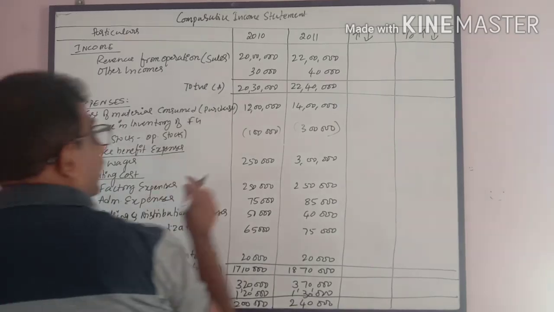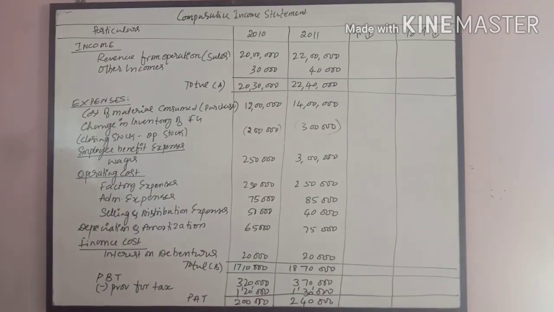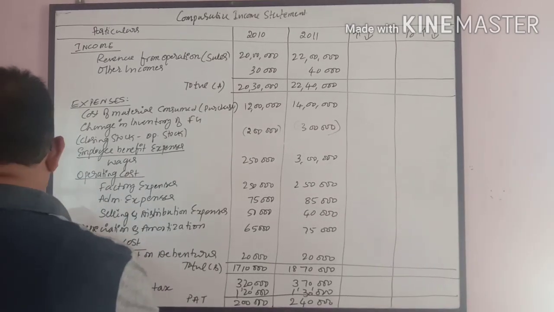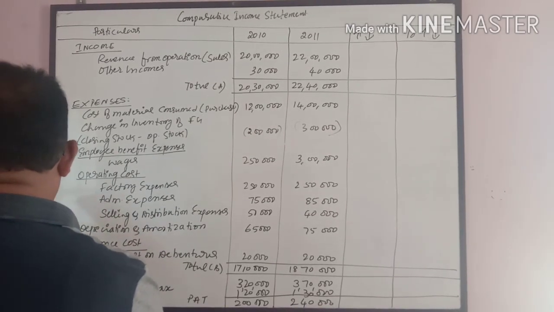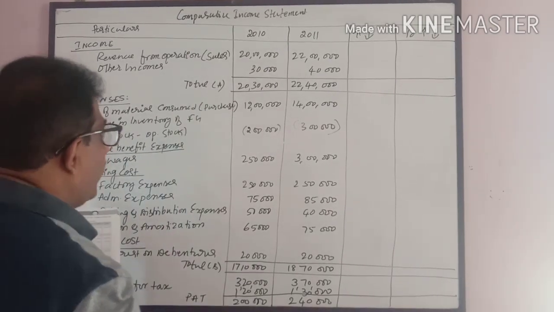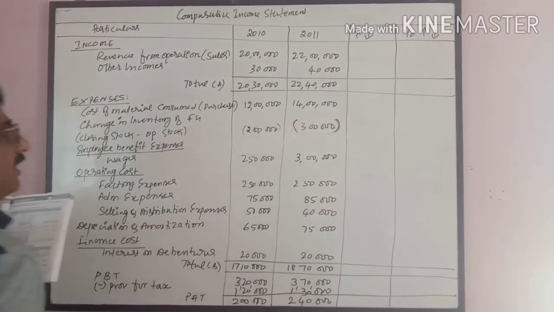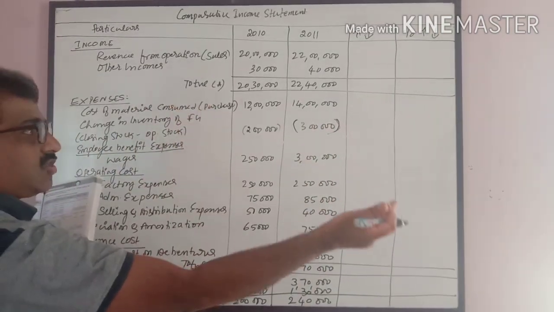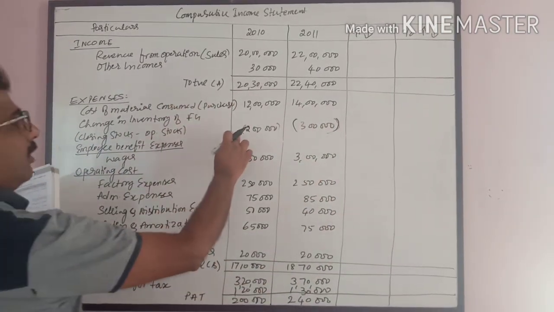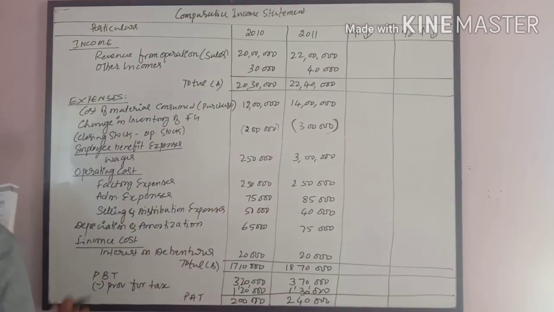So credit side is more. I have to write 2 lakhs here. Similarly, when you take 2011, closing stock is 8 lakhs, opening stock is 5 lakhs. So 3 lakhs is the credit balance. When you have closing stock more than the opening stock, put it in brackets because it is a credit balance. All these others are debit balances.